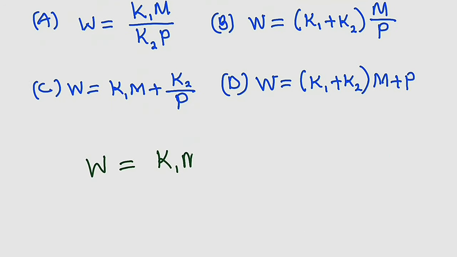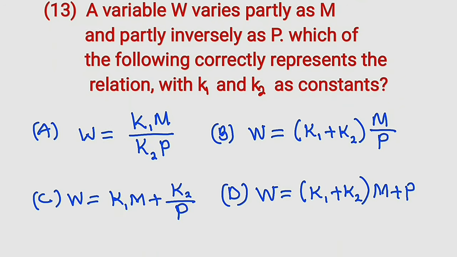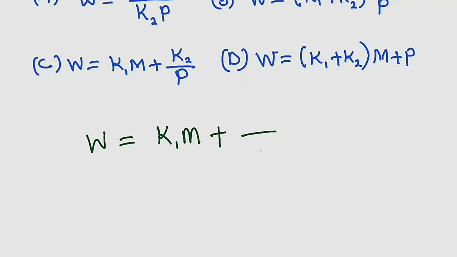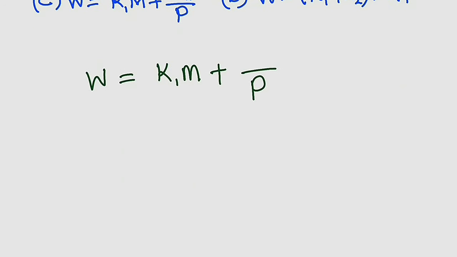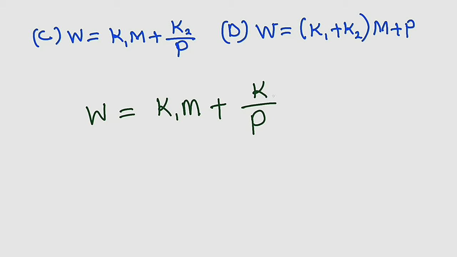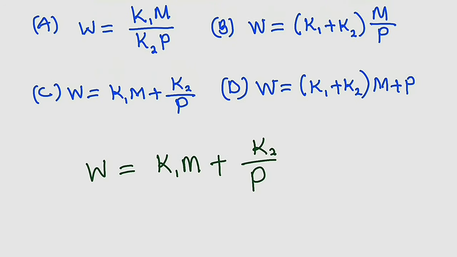So we have m here. And partly inversely, so it is inversely proportional to p, right? Yeah, you can see that here, inversely proportional. Then you attach your second constant to the top, that is k2, which I think is option C right here.